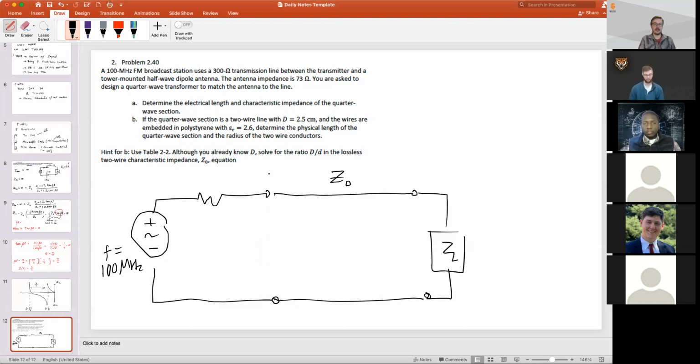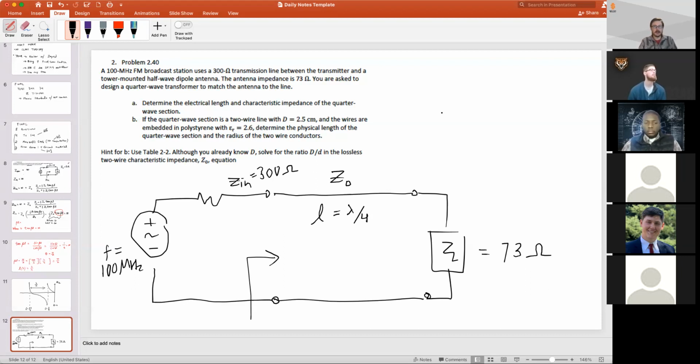Okay, so we have this, and we have some input impedance, and we want to find a way to match these, where this line length is a quarter wavelength. This load is 73 ohms, and this input impedance is 300 ohms.